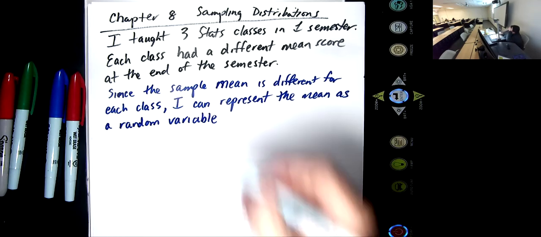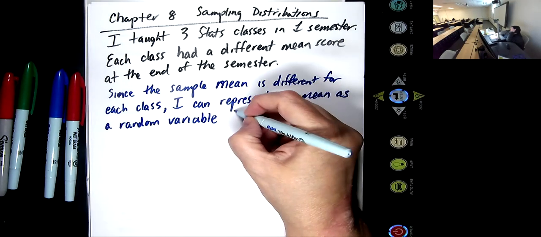And we talked about random variables in chapter 6.